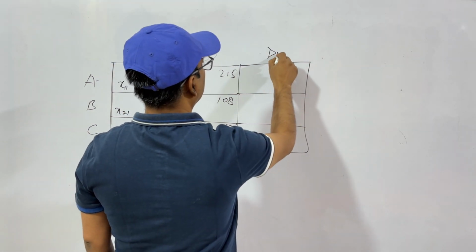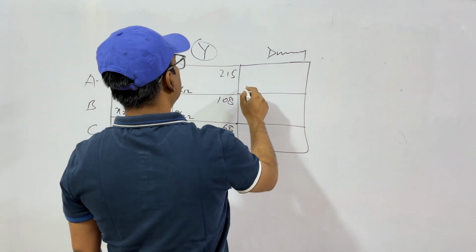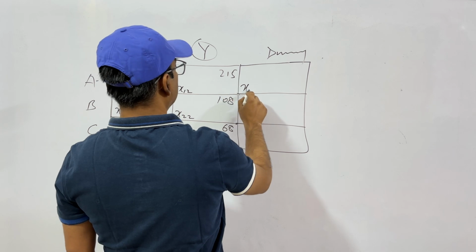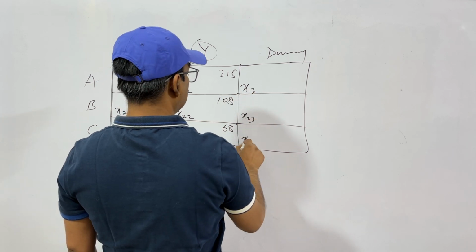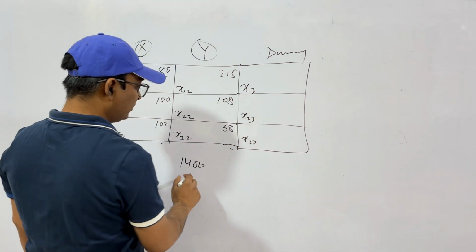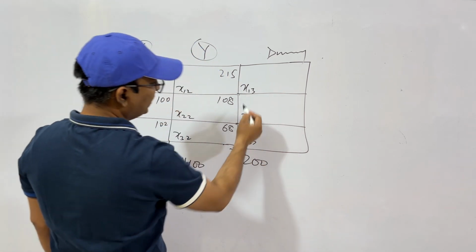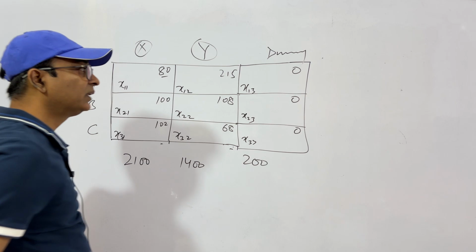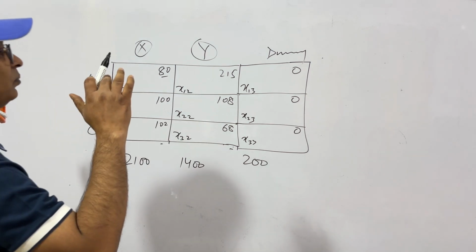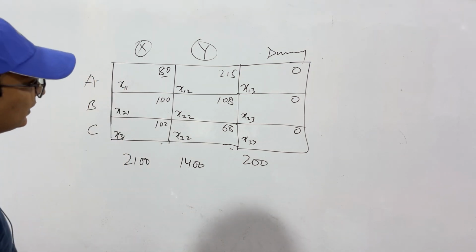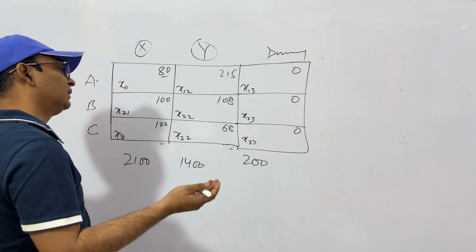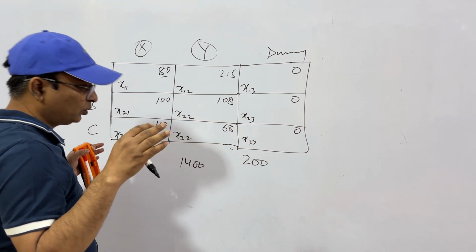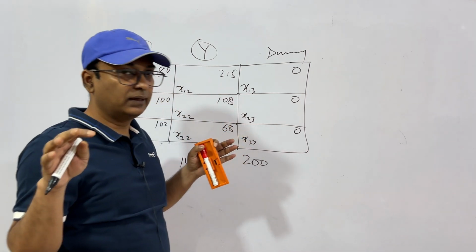Let's say this is the dummy unit, and the volume supplied to it will be X13, X23, X33. So this is 2100, 1400. We'll take this plus this plus this equal to 200. Cost will be 0 because these units actually don't exist. But our model is balanced now. So this is how we convert from inequality to equations. We balance the model. So this session I end at this point.